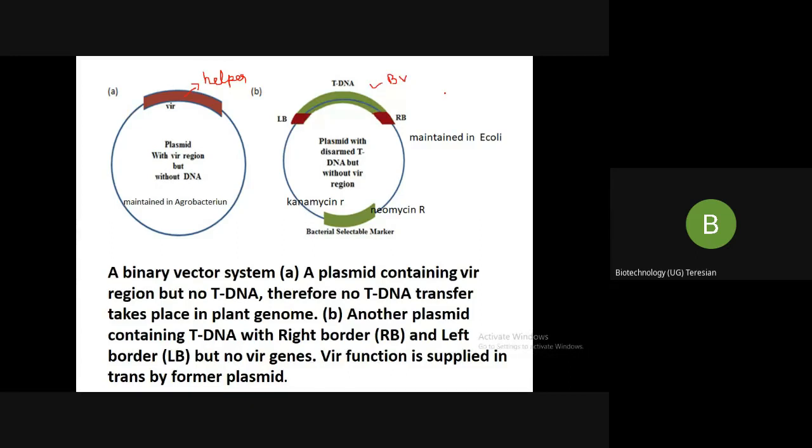So always remember, students, your disarmed plasmid does not contain the oncogenes, that is your auxin and cytokinin. And one very good example of your disarmed plasmid is BIN19.